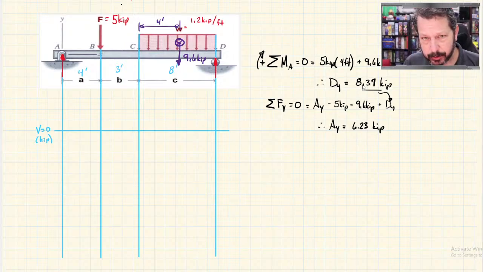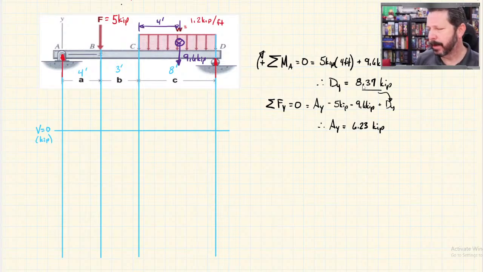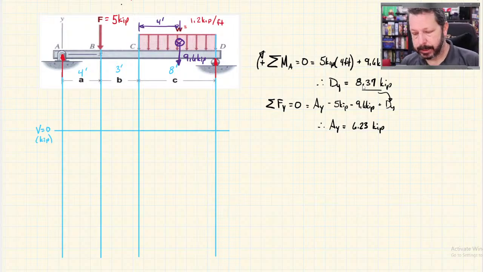But when we drew the moment diagram, it would not get close to 0. And it would be because I had the wrong values for AY and DY. It couldn't resolve correctly, and you would know that something somewhere was wrong. It might have taken you a while to trace it all the way back to your reactions, but that's possible.